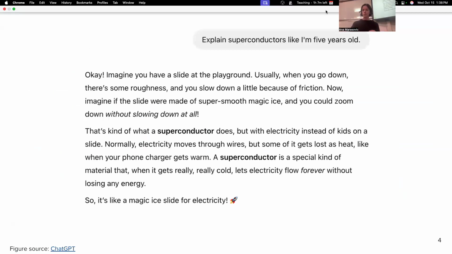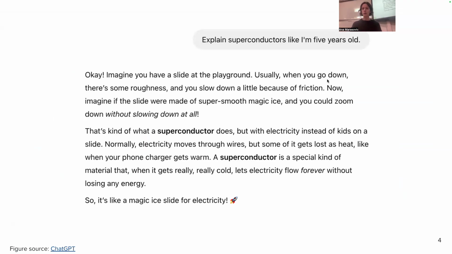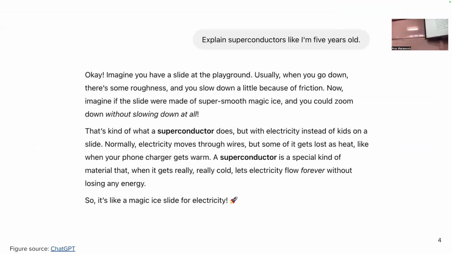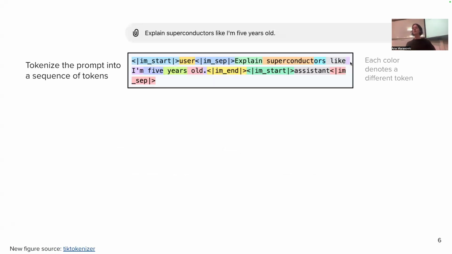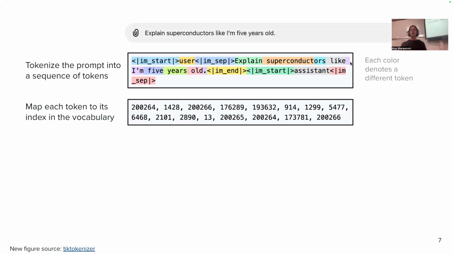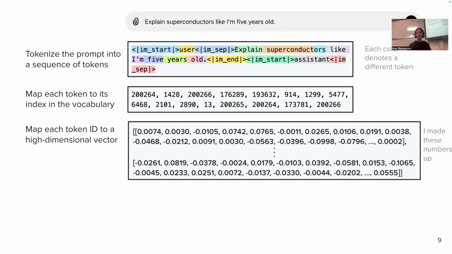And just as a setup for what we are talking about, remember that now we are trying to see how LLMs and chatbots based on LLMs like ChatGPT go from a prompt to a response. We have said that the first thing is always going to be to tokenize the input. These tokens will have their indices in the vocabulary. And then we are going to map each one of these tokens into their token embedding.